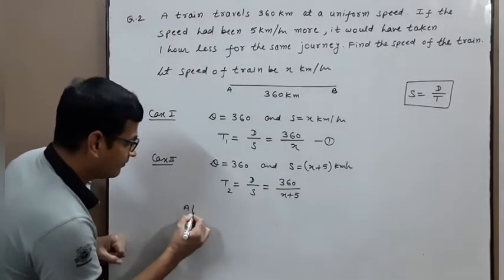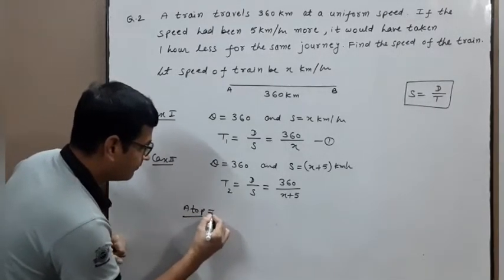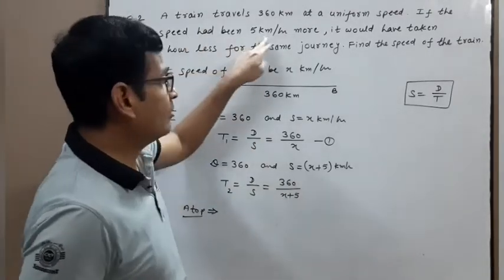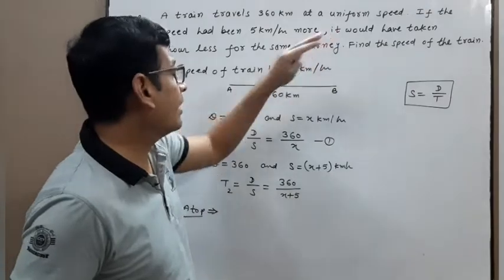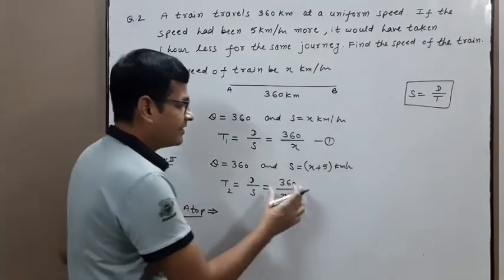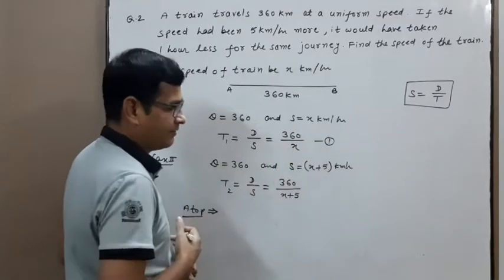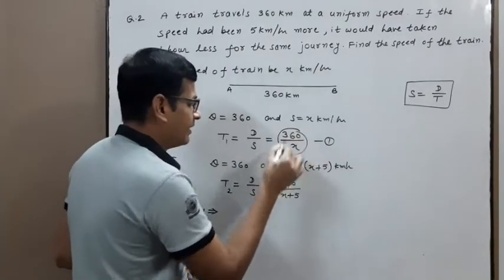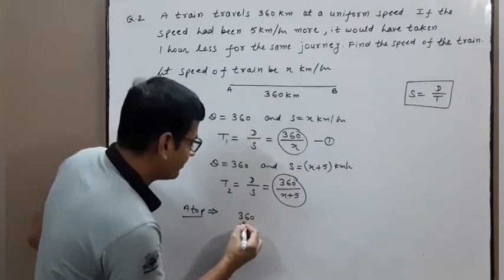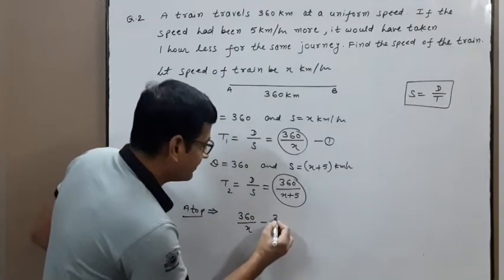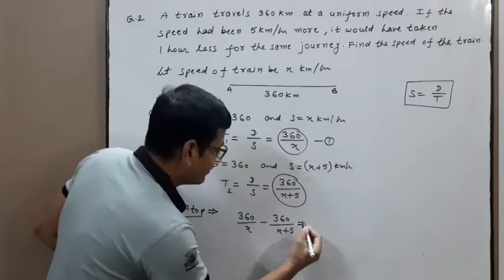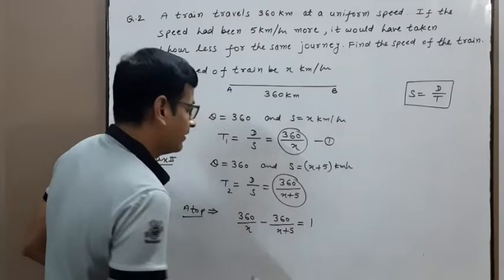According to the problem, if the speed had been 5 km per hour more, it would have taken 1 hour less for the same journey. This means this time is 1 hour less than this time, so this minus this equals 1. So 360 upon x minus 360 upon x plus 5 is equal to 1.